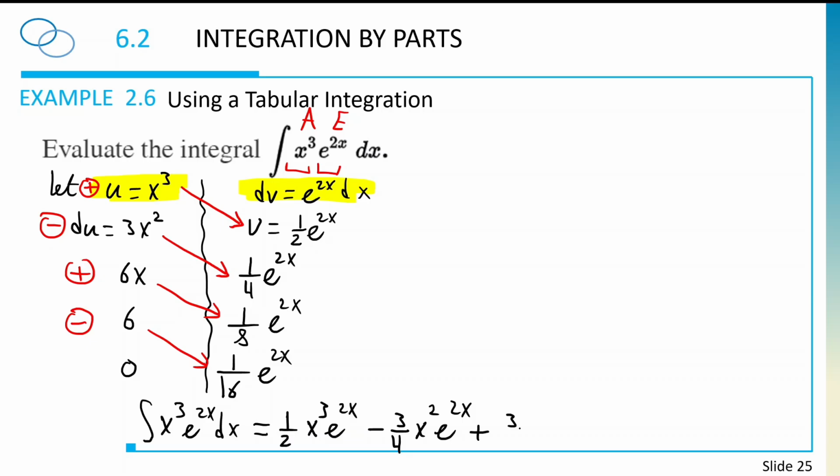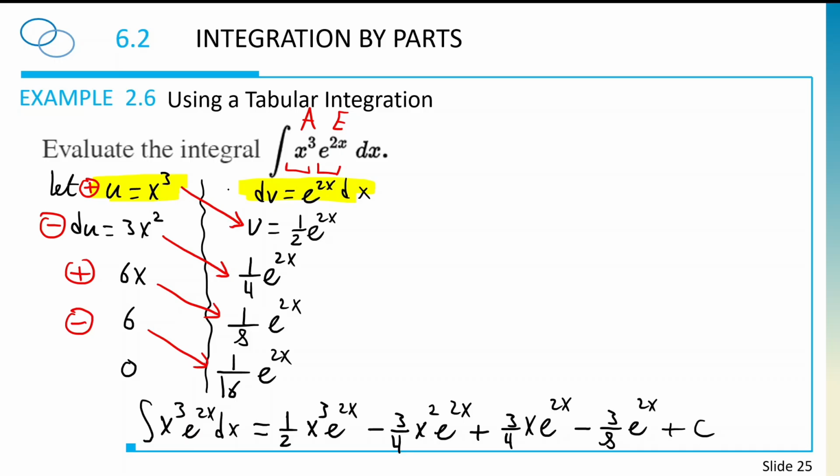So it's plus 3 over 4 x e to the power of 2x. And the last term is this one, 6 divided by 16, simplified to 3 over 8, and the sign is negative. Negative 3 over 8 e to the power of 2x, and lastly our constant plus c.